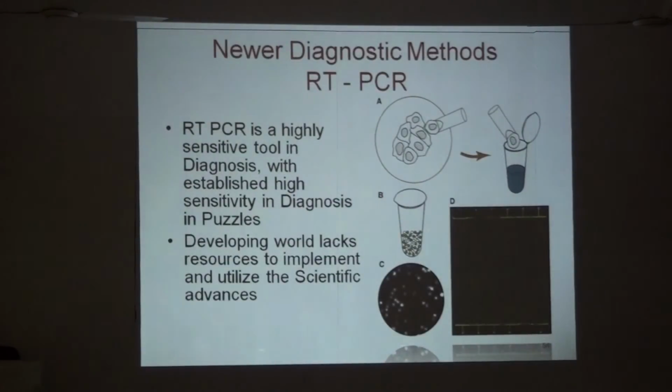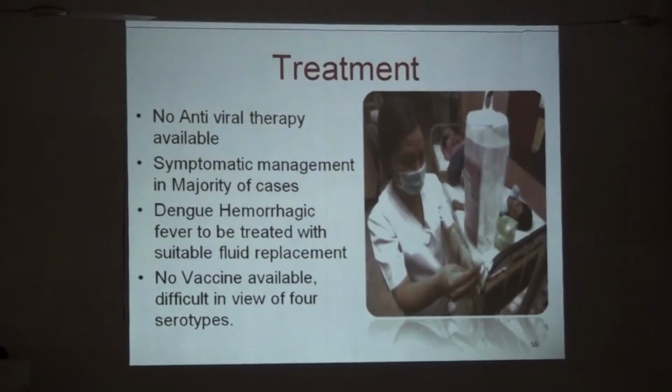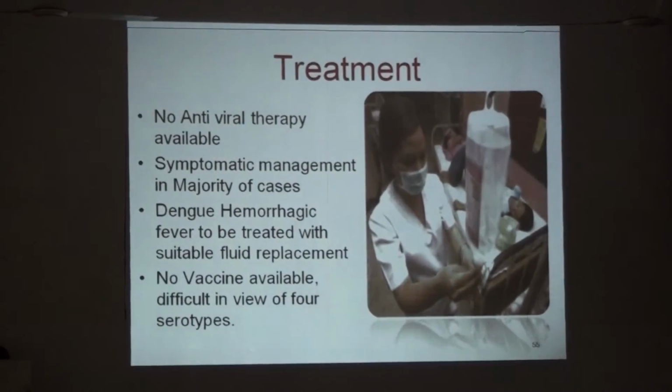A newer technique used to detect the dengue virus is reverse transcriptase PCR, but it is practiced in few laboratories. For treatment of dengue virus, there is no specific antiviral therapy, only symptomatic treatment.